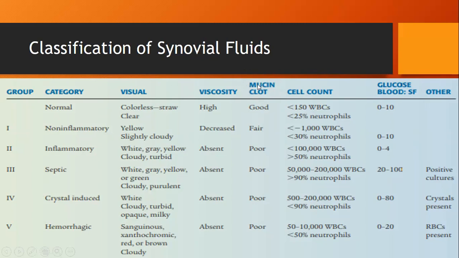This is used to detect the presence of hyaluronic acid in the synovial fluid, wherein you add acetic acid. Normally, you have a good mucin clot test. However, in disease states, you have a decreased or poor mucin clot. Shown here also are the different cell counts and blood glucose levels I have mentioned.